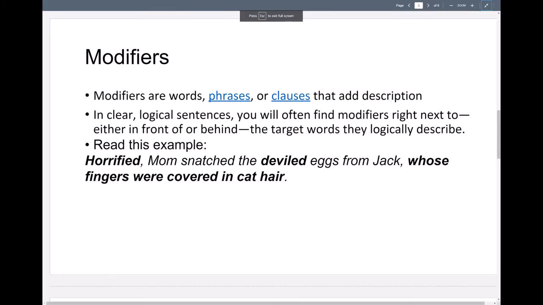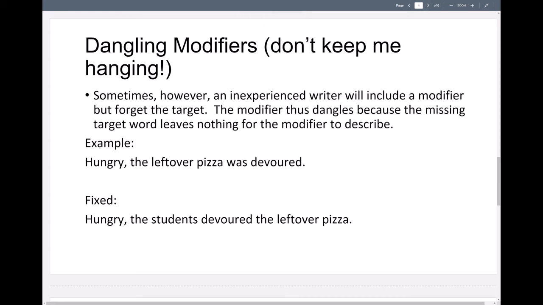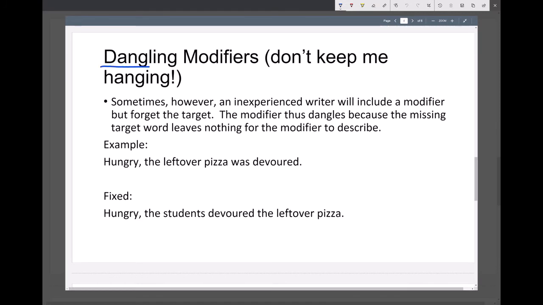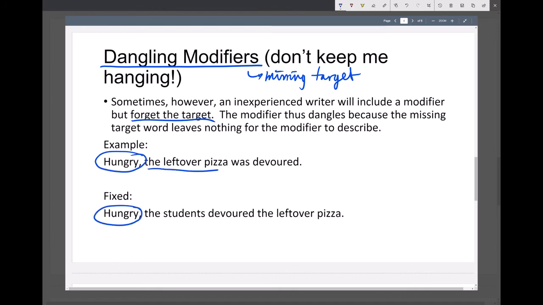So let me show you what I mean by modifier mistakes that are not so obvious. So the first type is the dangling modifier. The dangling modifier is where the target is missing. So here's an example. You got hungry, these are the modifiers. You have only one noun there, and that's the leftover pizza, and it was devoured. That's your verb.